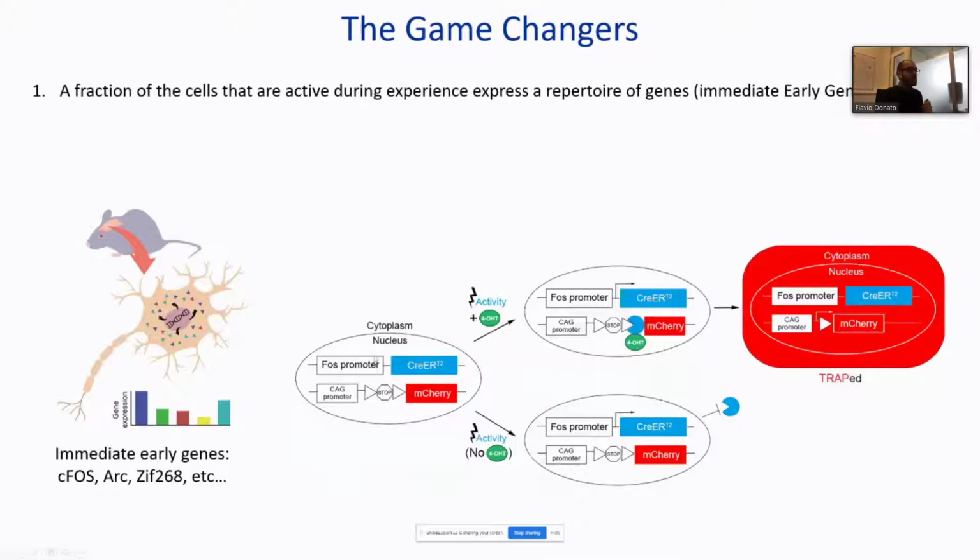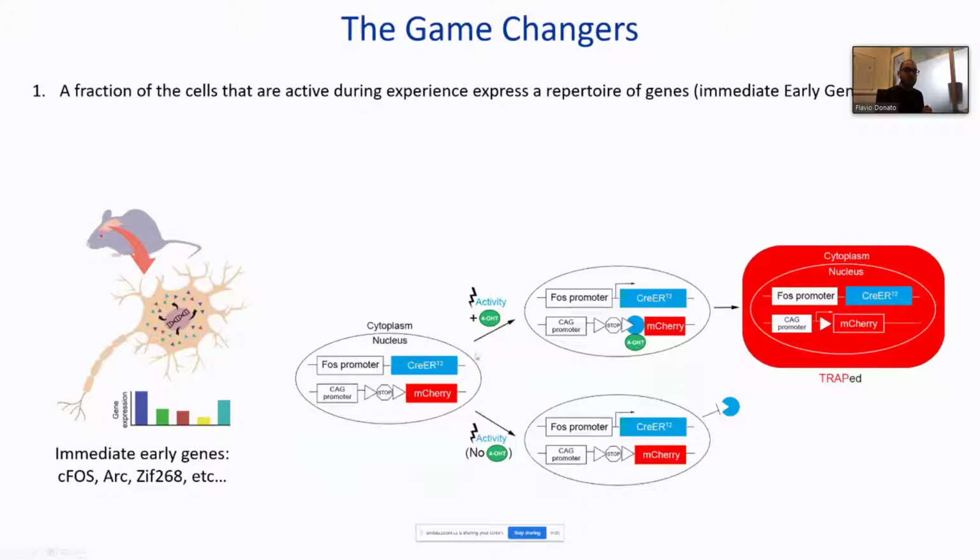So by using the combination of a promoter for one of the immediate early genes, and the most important was Fos, and the CreERT2 construct, we are able to induce the expression of a payload protein, in this case just the fluorescent reporter mCherry, only in neurons that are active at a certain period of time in which we give the ligand that is tamoxifen. Neurons that do not have activity at the time, or are active when there is no tamoxifen, are not able to express our reporter.